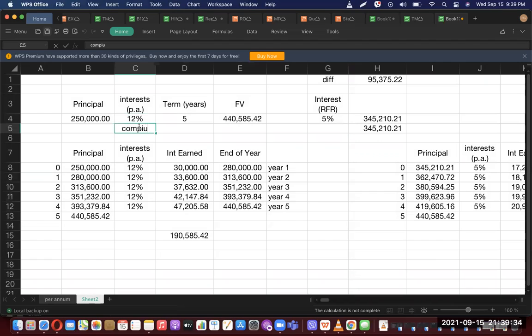Pag compounded quarterly, ang ibig sabihin, yung 12% mo for the whole year 'yan eh. Kung compound quarterly dapat 12% divided by 4, 'di ba? So it's like saying for ease of computation, parang sinasabi na lang niya na okay, 12% divided by 4, 3% per quarter.